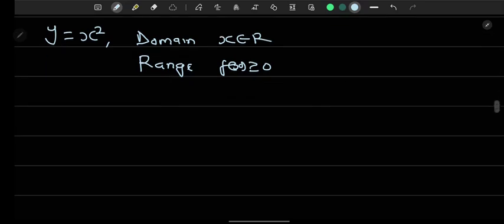So for a student to sketch the graph of this, of course, quadratic function has parabola shape, okay, which is of this form.